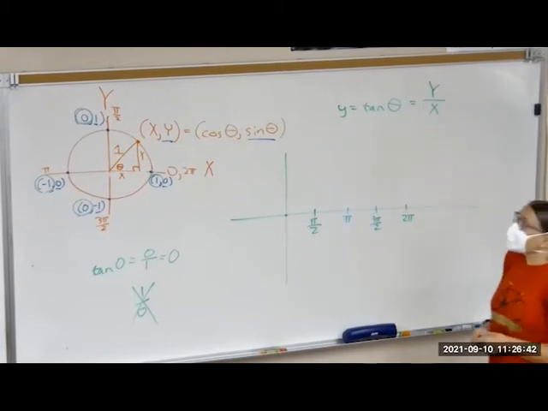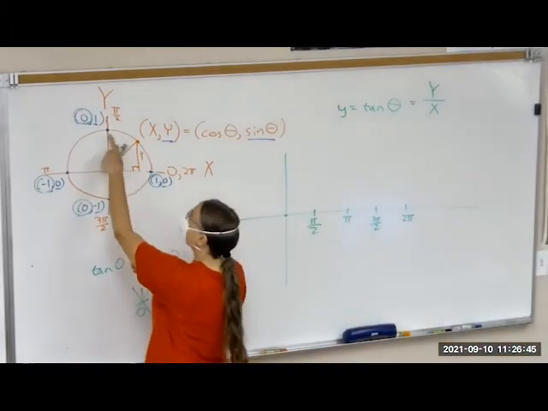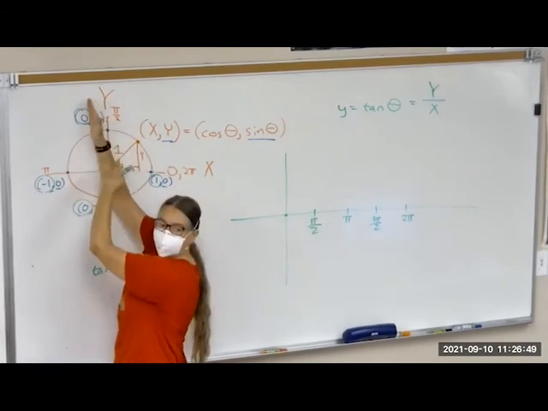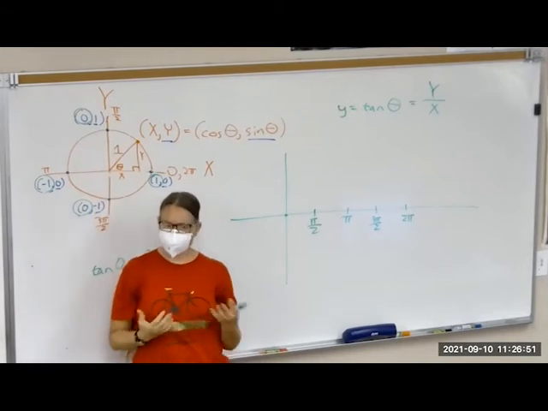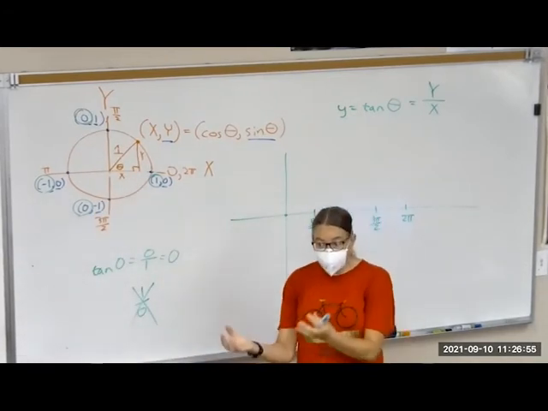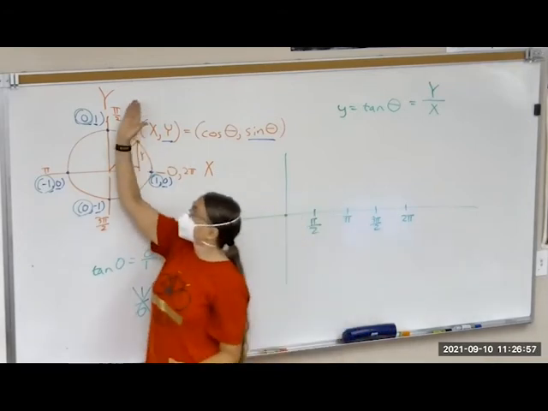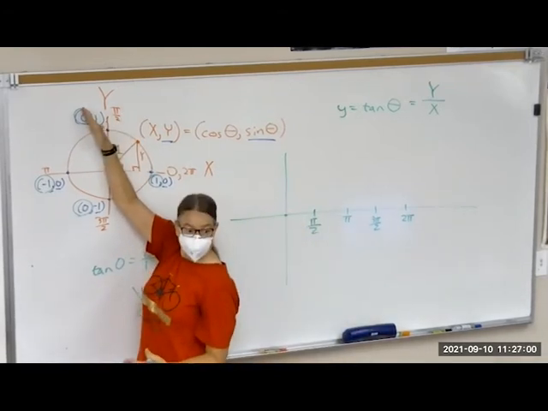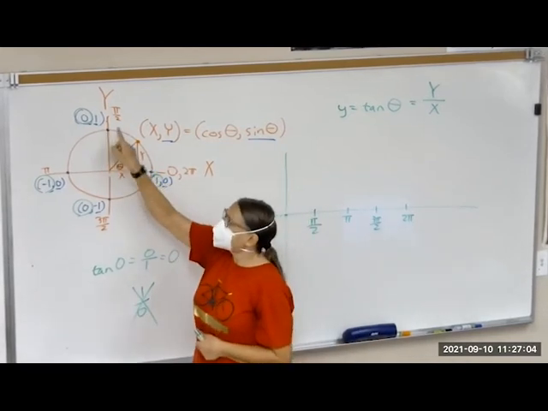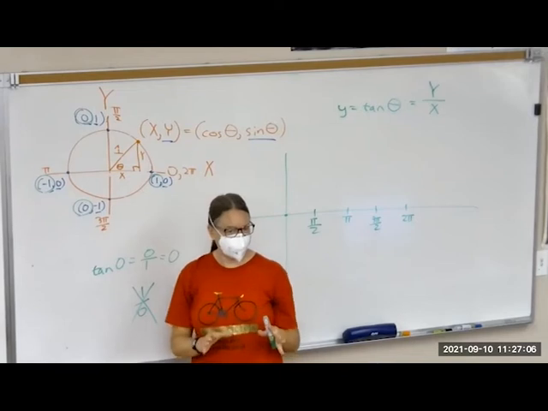But I can see that for any angle close to pi over 2, like an angle here or an angle here, my x value isn't going to be 0. It's just going to be a very small number. Maybe a positive number, maybe a negative number. Positive here, negative here, but just a very, very small number. And my capital Y value is going to be close to 1.